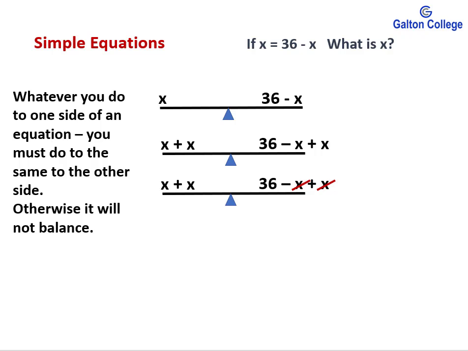Now we can see here that the x's cancel. Minus x plus x just drops out. That's a 0. That leaves us with x plus x equals 36.